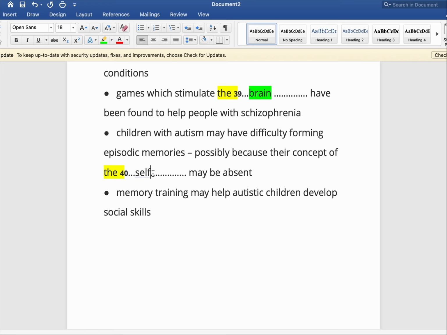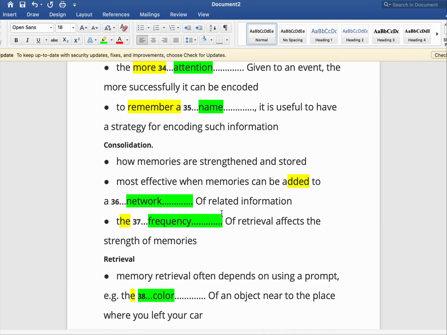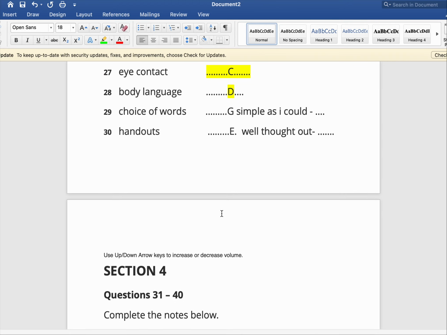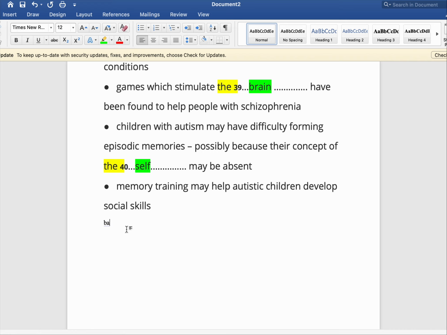This is essential for the storage of episodic memory and has been found to be impaired in children with autism. Research has shown that treatments that improve memory may also have a positive impact on children's social development.